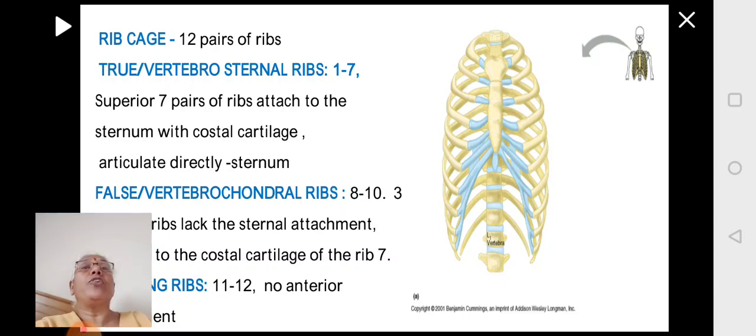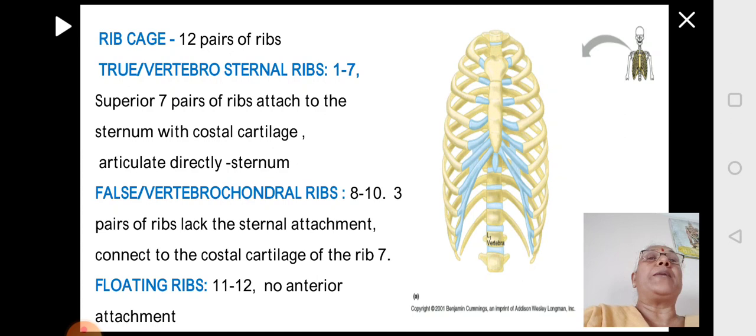Now if you look at the rib cage, 12 pairs of ribs enter into its formation. Out of these 12 pairs, the first 7 pairs are called true ribs or vertebrosternal ribs. Why are they called true ribs?